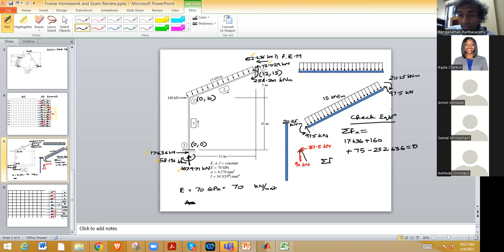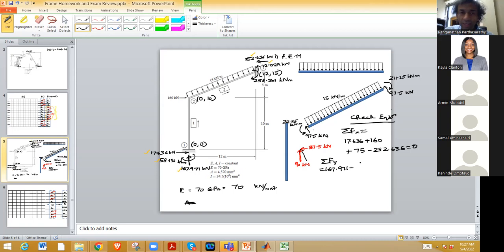Then check sigma Fy. Okay, you have 167.971 upward. Then, so how about the 15, that one? 15, the component downward is times 12 over 13.